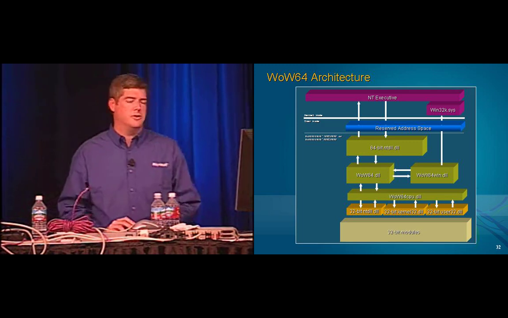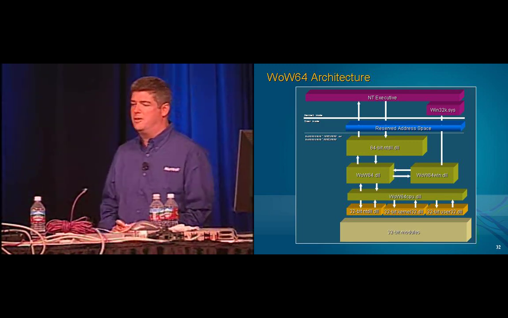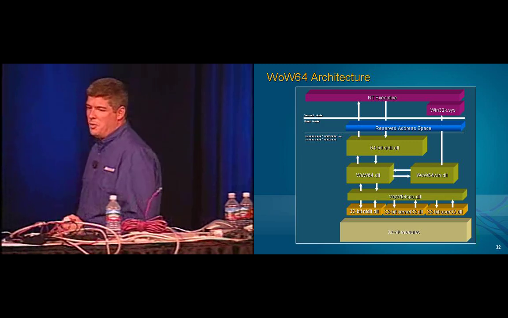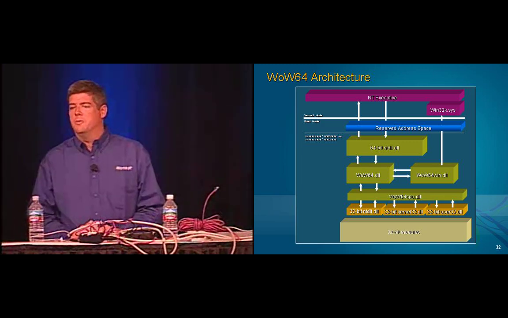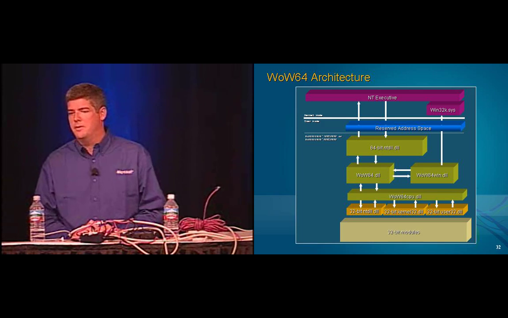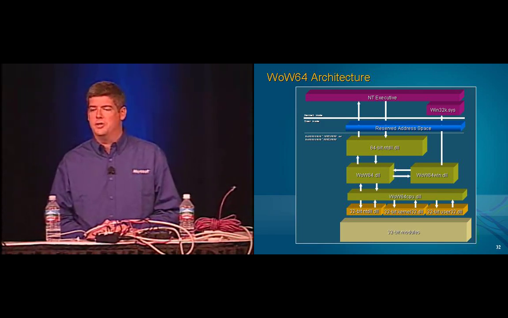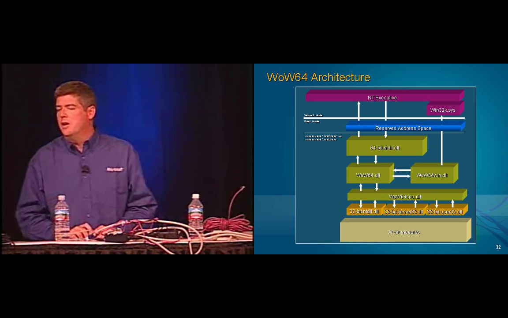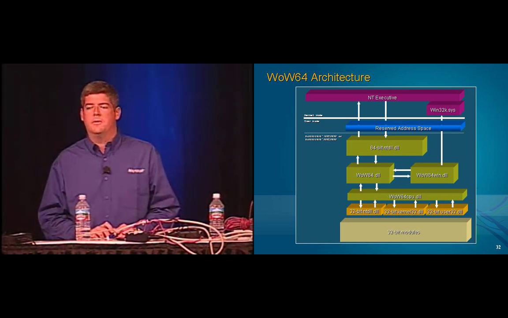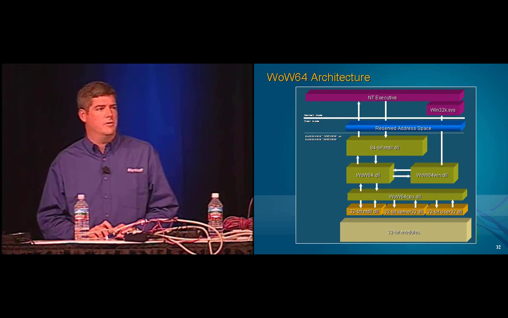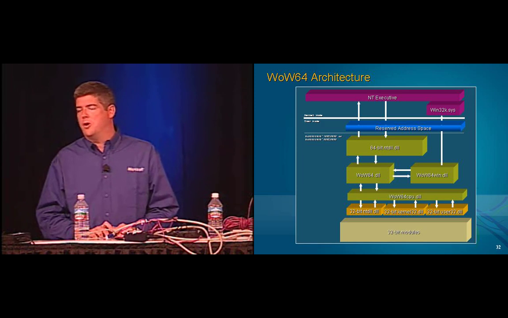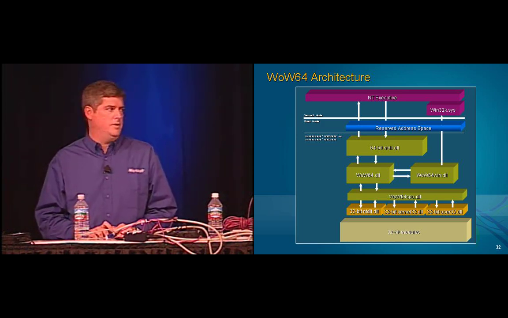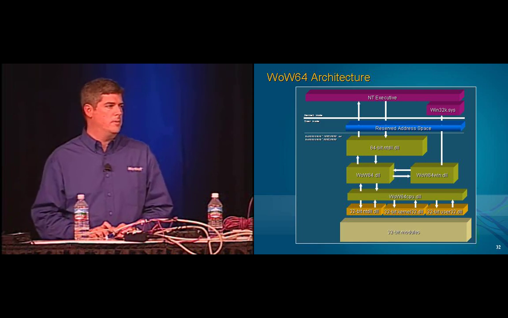The WOW64 architecture is fairly straightforward, as you can see in this clear diagram. One warning, the diagram is inverted from your normal view. The kernel is at the top, because this is actually key to the address space as opposed to an architecturally pure view. The executive, the kernel at the top, and the Win32K are, of course, native code running at 64 bits. The address space between where kernel mode begins and the high point of 32-bit space is reserved away from the 32-bit process.